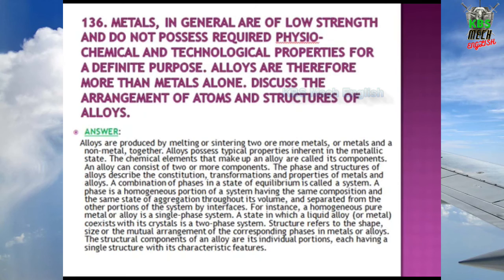A state in which a liquid alloy coexists with its crystals is a two-phase system. Structure refers to the shape, size, or the mutual arrangement of the corresponding phases in metals or alloys. The structural components of an alloy are its individual portions, each having a single structure with its characteristic features.